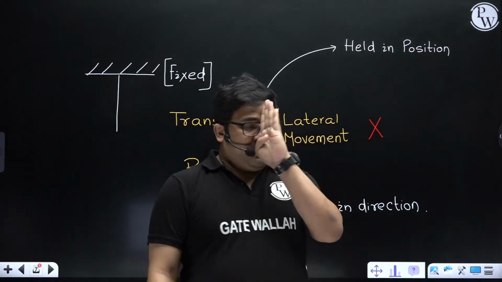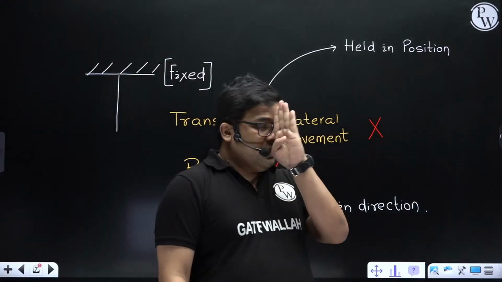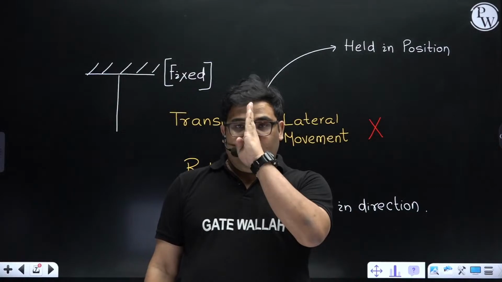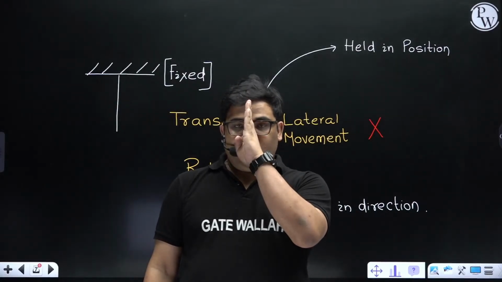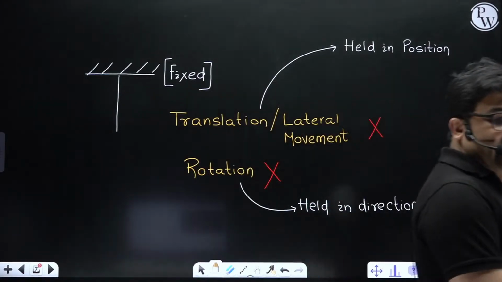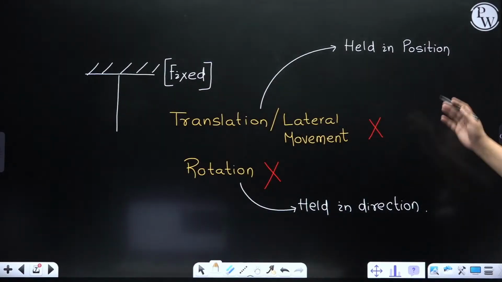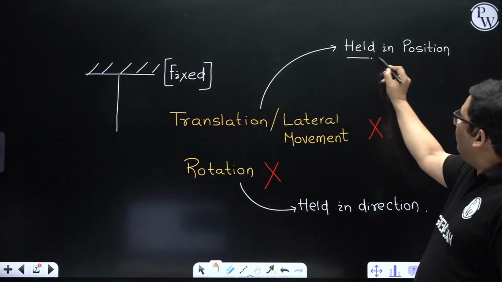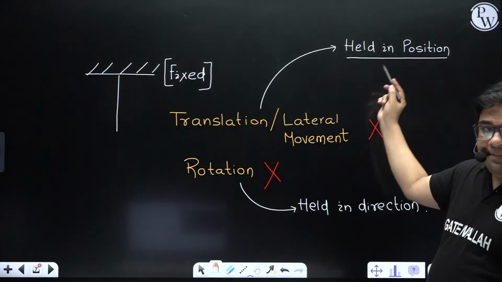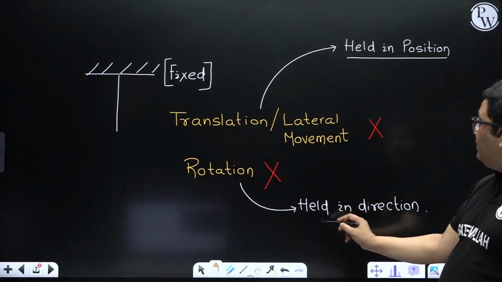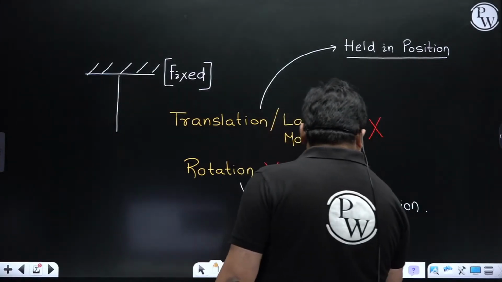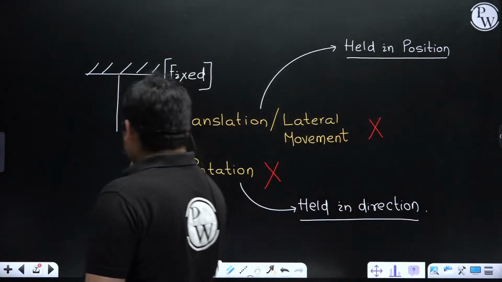So if I am telling that rotation is not allowed, that means this direction is fixed. No rotation means direction is fixed, or held in direction. So these are alternative ways to write it: translation not allowed is held in position, and rotation not allowed is held in direction. This is the fixed end.